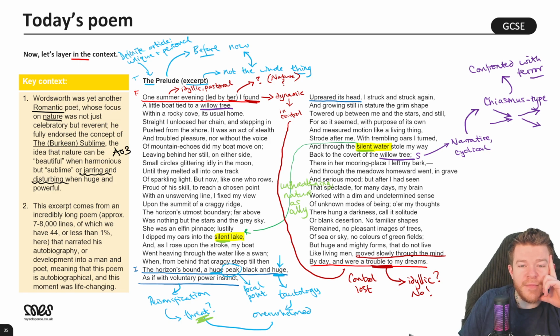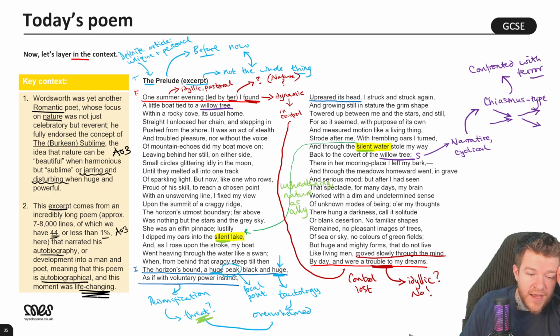Another thing to kind of think about, and it sort of ties in with the title, is that this excerpt comes from an incredibly long poem. This poem is between 7,000 and 8,000 lines, depending on the edition that you read, of which here we have 44, which is less than 1%. So nice little bit of cross-curricular maths there. If it's less than 1% of the whole poem of this narrated autobiography, we need to remember that this poem is autobiographical and this moment was life-changing.